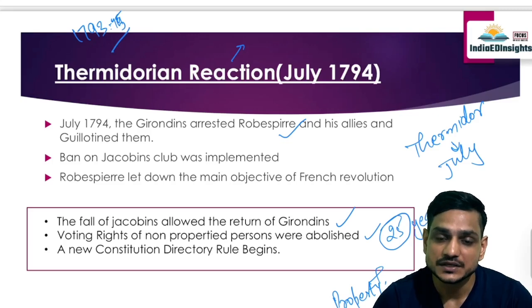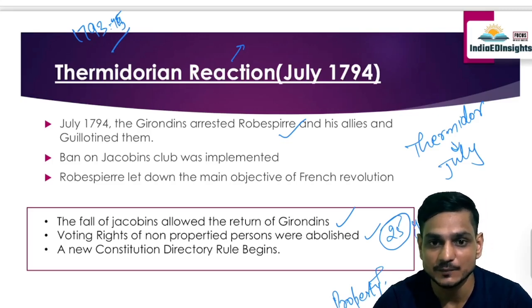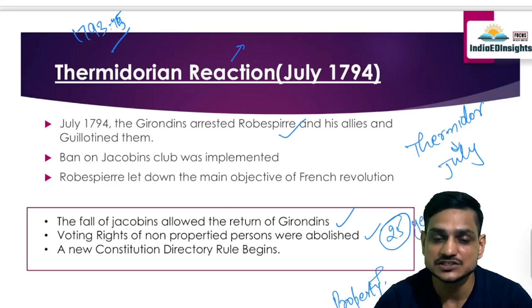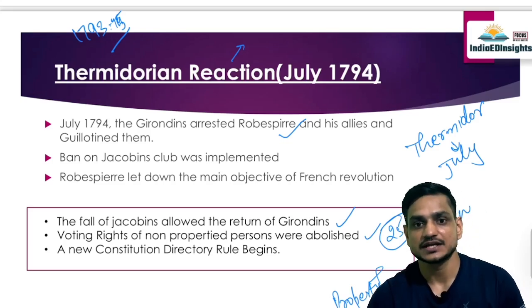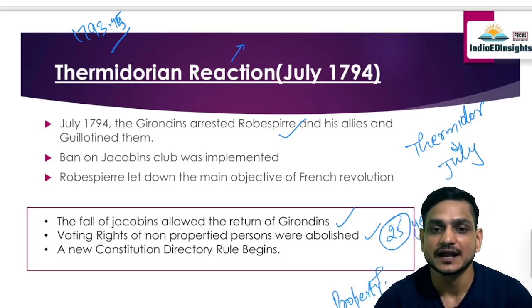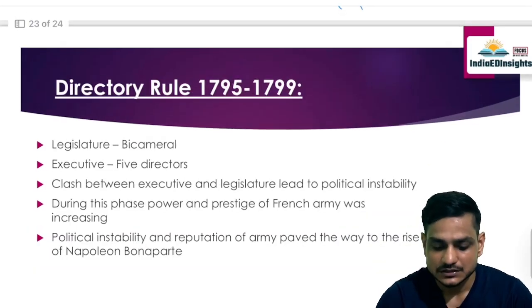Robespierre did not implement any constitution itself. Robespierre did not implement the Republican constitution because he said that first we have to clean the society, then we will implement the constitution. And in that course he started to guillotine a lot of persons.